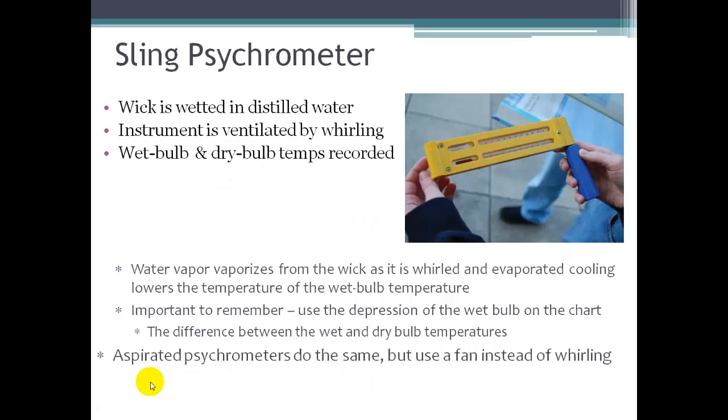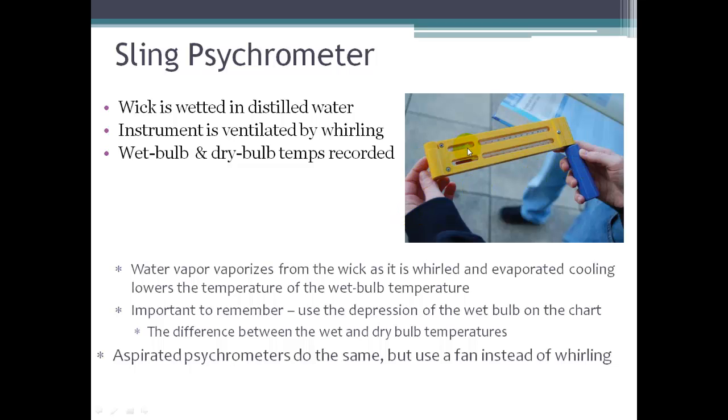Finally, the sling psychrometer is kind of popular in meteorology classrooms. It looks like this one, or they have lots of different looks, but basically you have two thermometers. And one of the thermometers has a little wick on it, like a cotton sock. And you get that sock wet with distilled water, and then the handle allows you to spin this thing around.